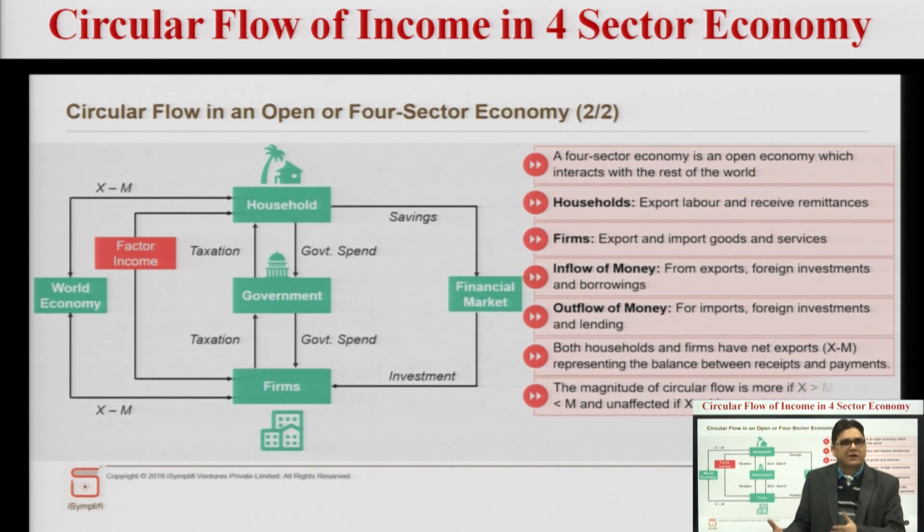So it is also one component of the fourth sector economy, that our citizens, our workers will not be confined to working in only one part of the country, but will be working in the rest of the economy.